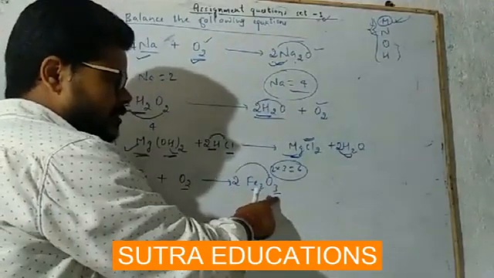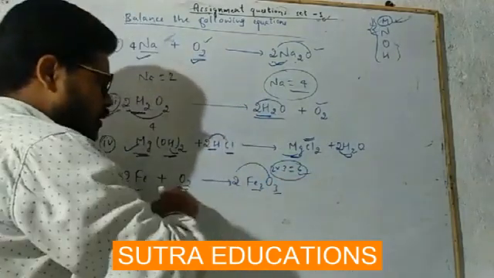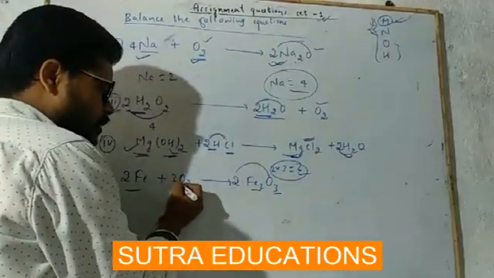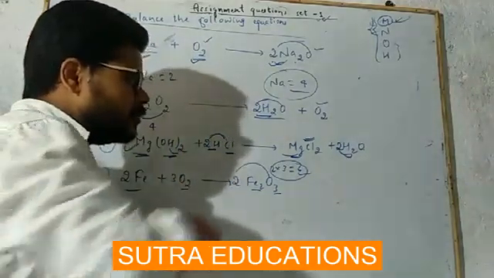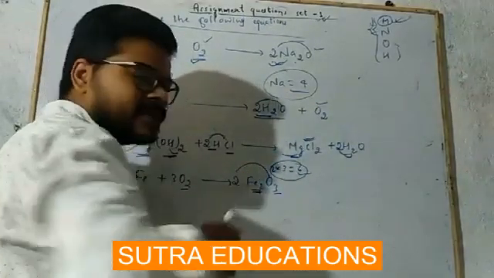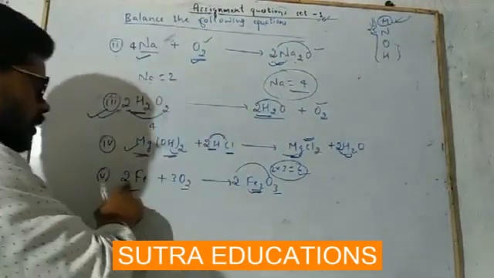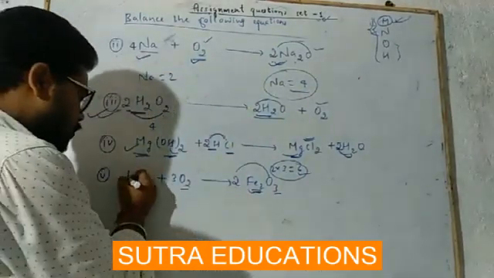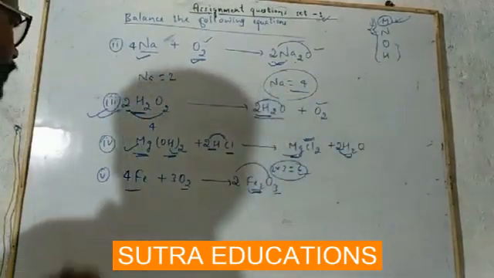So multiply this side by 2, so that 2 into 3 will give you 6 oxygen, and multiply this side by 2, so that 3 into 2 you will get 6 oxygen. But when you balance oxygen, metal will get disturbed. Metal here will be 2 into 2, 4, and here it is only 2, so multiply this by 2. Equation is balanced.